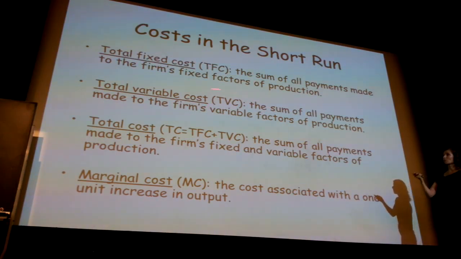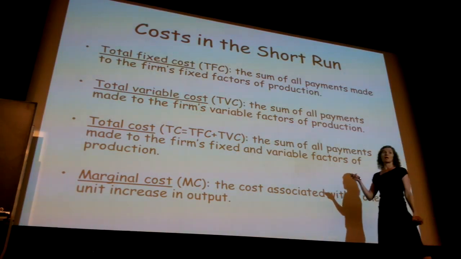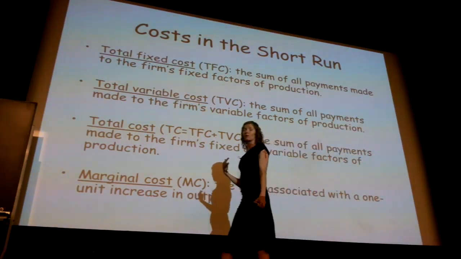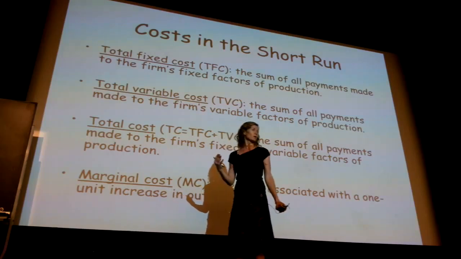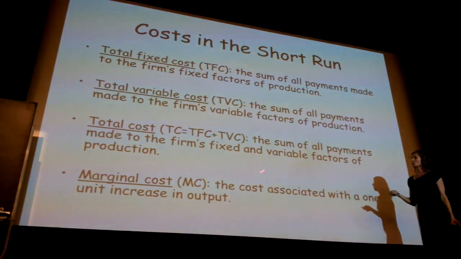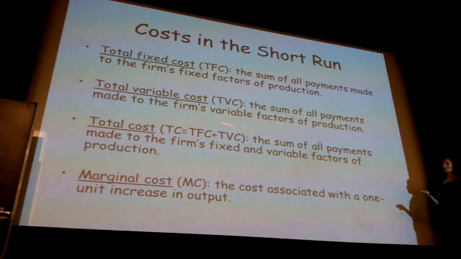The sum of all of the payments to those variable factors of production is total variable cost. And that is obviously going to depend upon how much she produces. If she produces more bread, she's going to have to buy more flour, and her variable costs are going to increase. Her fixed costs won't, but her variable costs will. Total cost is just the sum of fixed costs and variable costs. So that one's actually pretty easy.